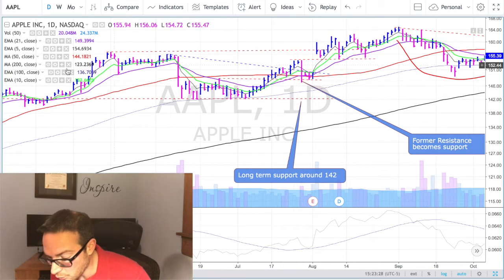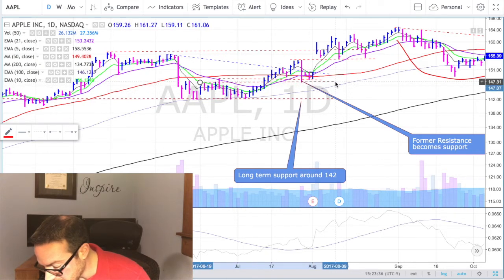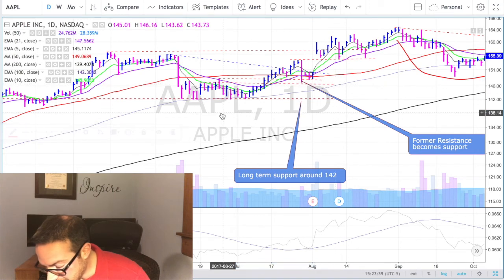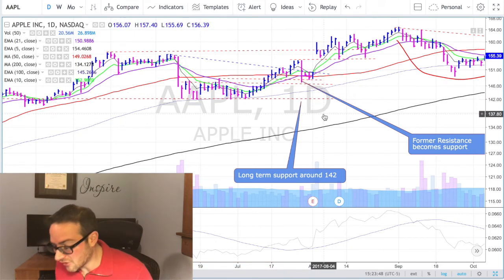So maybe if you're really tuned in and you're entering over there, you're not just using that, you're using this right over here, where you're getting that little bit of a support zone or a former resistance area, and then you are not shaken out.